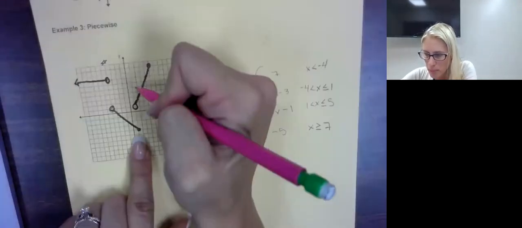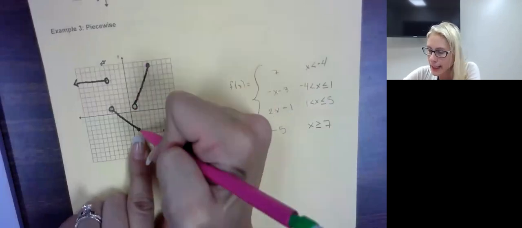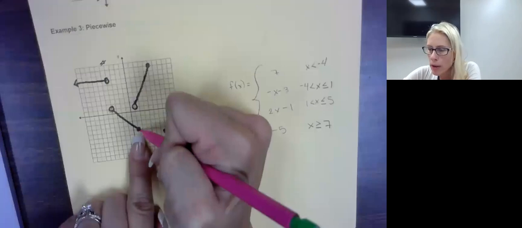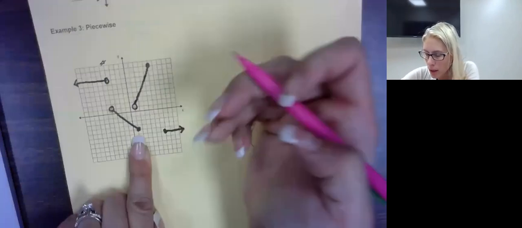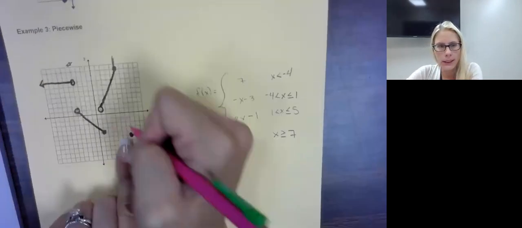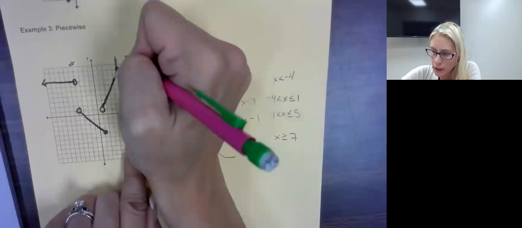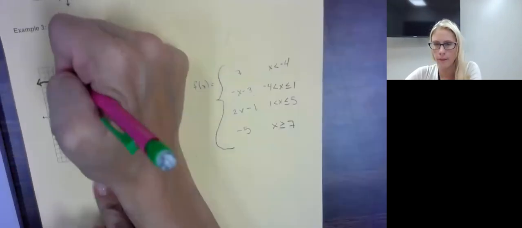Because this is open, but yet this is closed. So since this hits at that x value, we're okay. Then we stop here and we don't start up until right here. Do you guys see that? So our issues are right here, and right here.